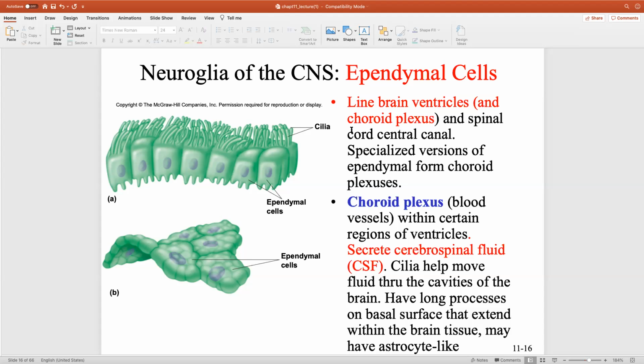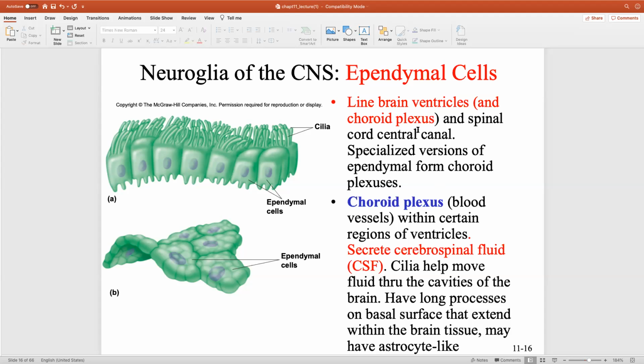We have a fluid, cerebrospinal fluid, that allows you to bathe the brain in this nutrient-rich environment, high sodium, high potassium, high glucose, and it allows the brain to float so it's not just sitting on that sharp skull basin. Where we produce cerebrospinal fluid is in the openings in the brain called the ventricles.